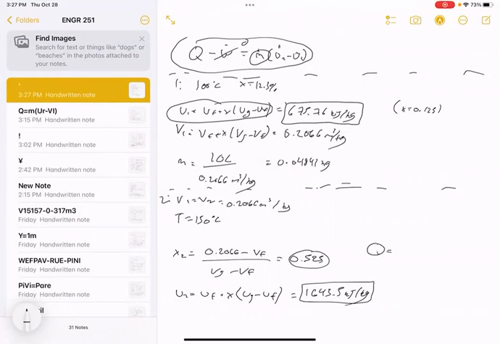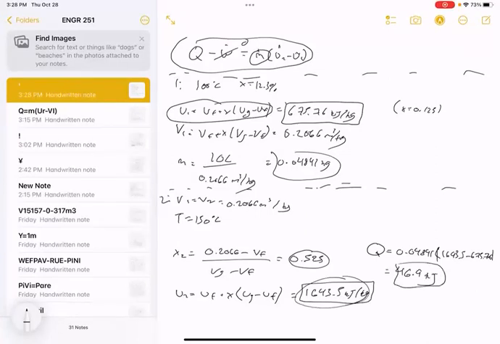So Q equals, again, I'll just rewrite it with the numbers: Q equals the mass, 0.04841, times U2 minus U1. 1643.5 minus 675.76, which equals, if we do the math, 46.9 kilojoules. So to go from one state to the next, we had to add heat, 46.9 kilojoules.